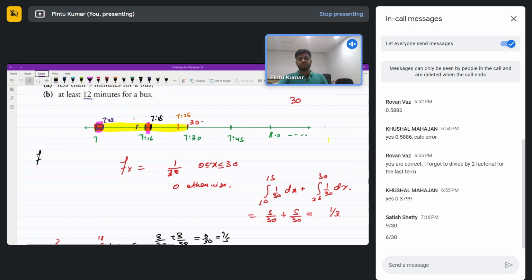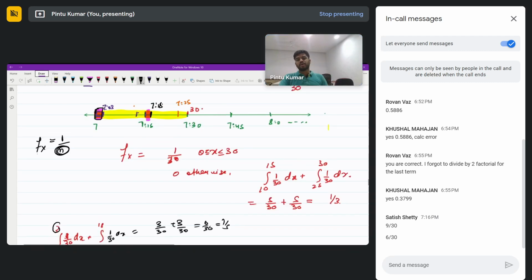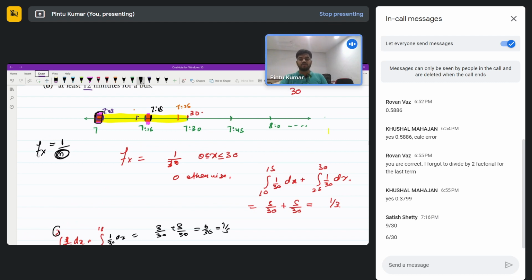We are thinking of the probability density function, not the CDF, but the PDF of the function as 1 by n, where n is the length of the interval. But for calculation, we are using the CDF when we want the interval. If you want to calculate the probability of this interval, then we will have bounds at the endpoints of that interval. So you can also do it via CDF, where you calculate CDF at this point minus CDF at this point. That is also a way.